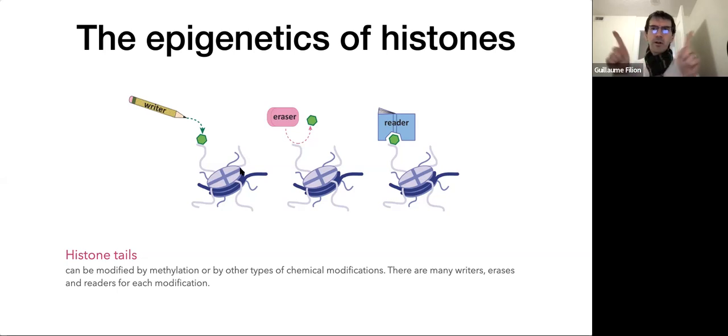The histones have non-structured tails that protrude out of the nucleosome, as if there was a little piece of paper so that a writer could write something, can erase it as well, and you'd have specific readers that will be able to interpret whatever is written on that piece of paper.